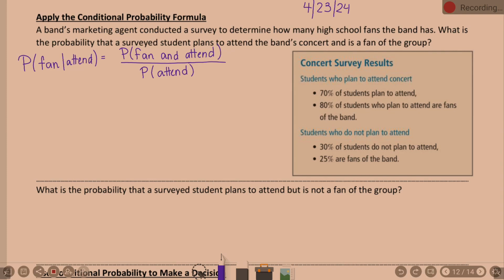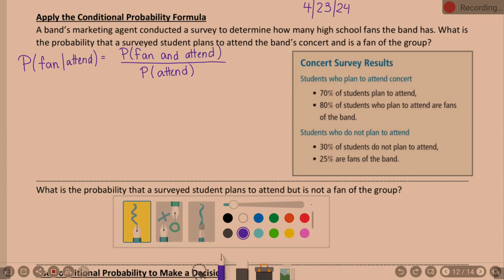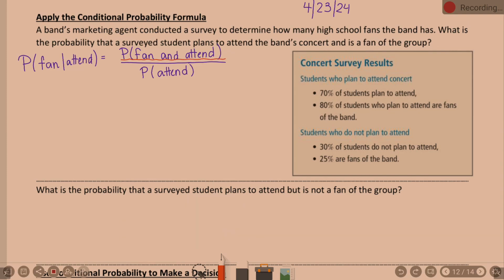Now, before I fill in numbers, we could do this either way. We can fill in numbers and then move things around, but I'm going to go ahead and move things around first. You'll see it's based on what we know here. We're going to end up finding what they're asking right here: the probability the student plans to attend and is a fan.